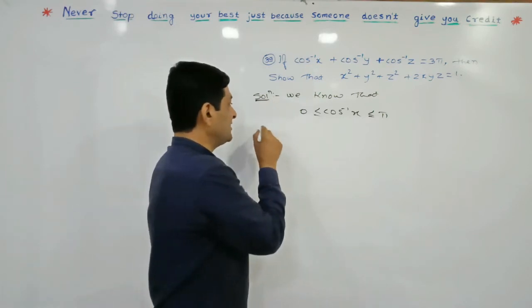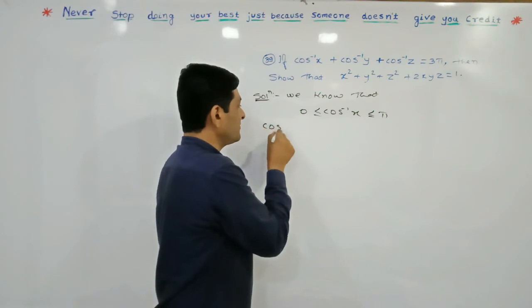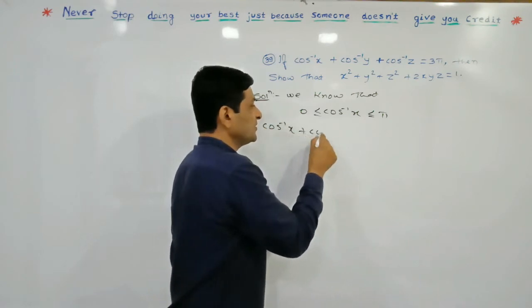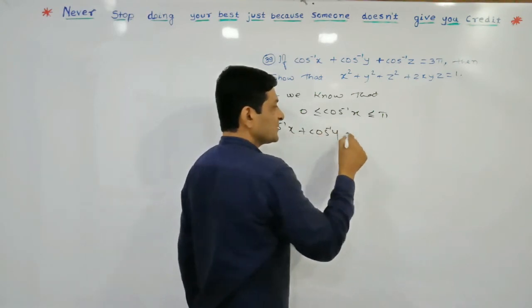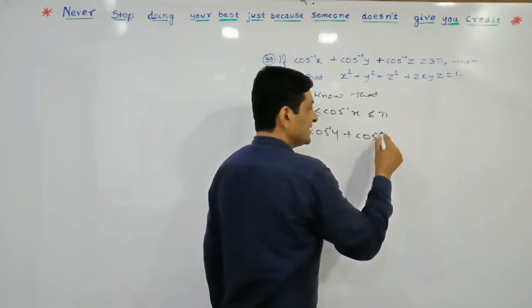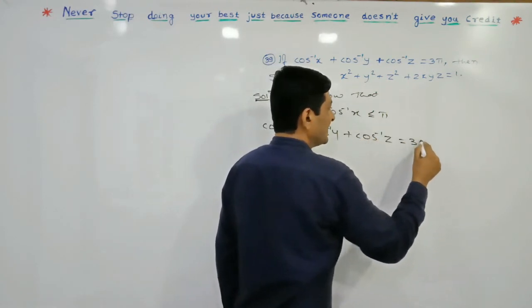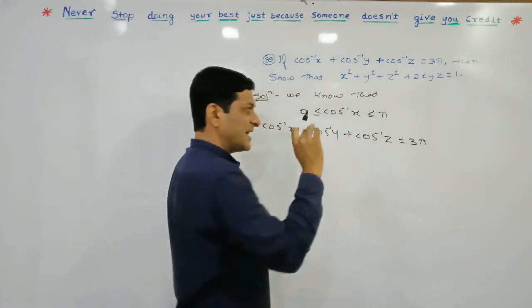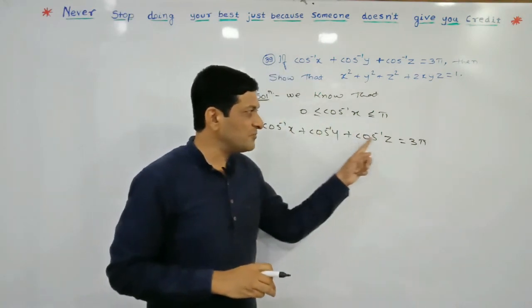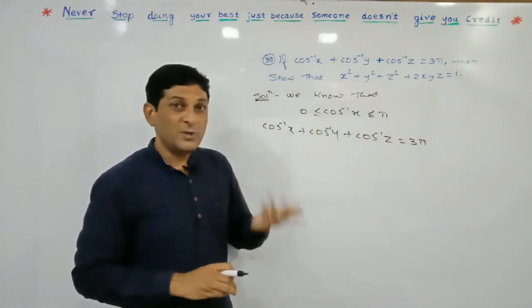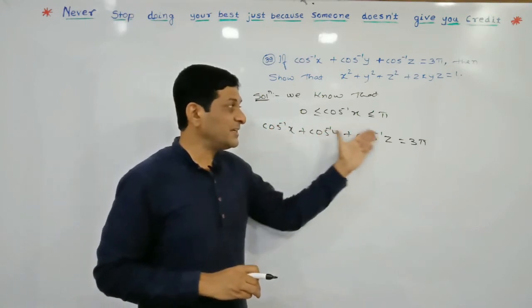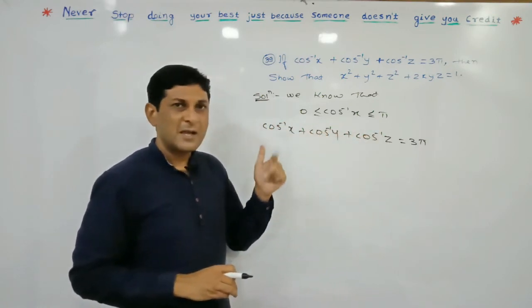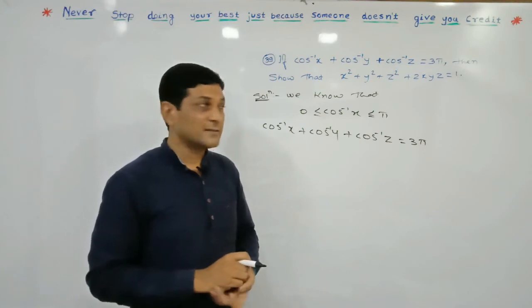So now we are using the given condition. Cos inverse of x plus cos inverse of y plus cos inverse of z is equal to 3 pi. Now we can observe that the addition of these three terms will be equal to 3 pi only if all three terms are pi, pi, pi. Their value cannot be greater than pi.